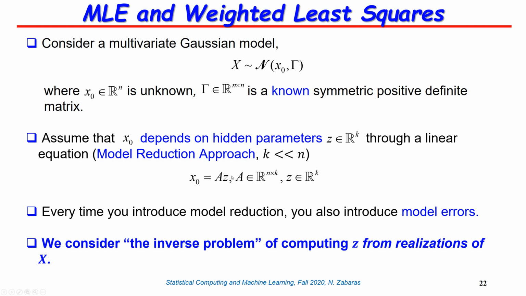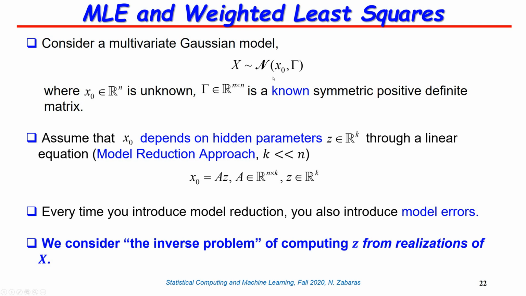So the idea is, can you compute what this z is if I give you noisy observations x that are related to z through this Gaussian model that you see here? Again, the mean of this Gaussian model is Az. There is some noise in the model that makes my observations noisy ones.